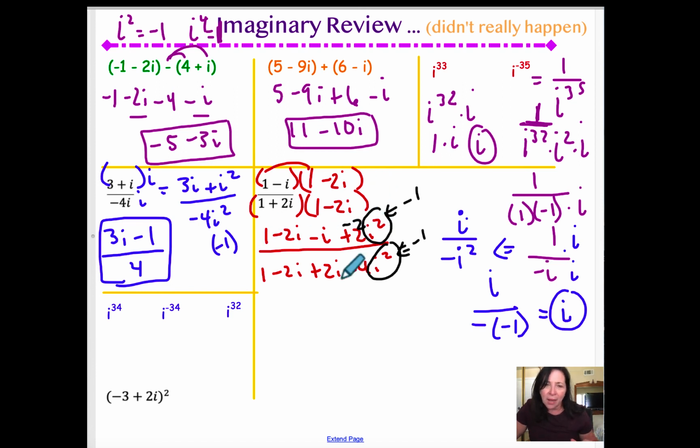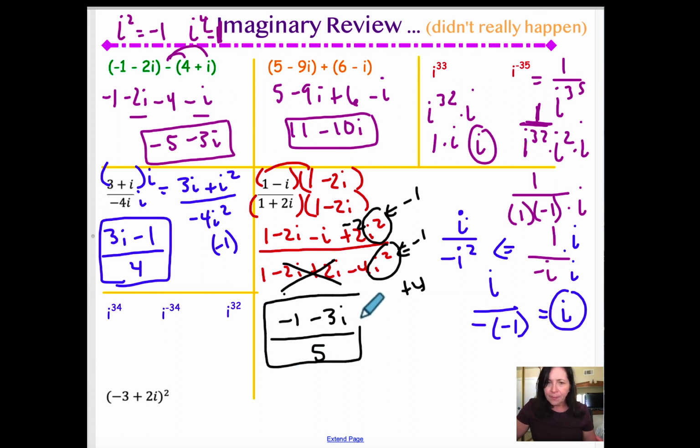So 1 minus 2 is negative 1. And then I get negative 2i minus i, which is negative 3i. On the denominator, these two i's are going to cancel. 2i minus 2i is gone. This negative 4 times negative 1 becomes plus 4. 4 plus 1 is 5. Okay?